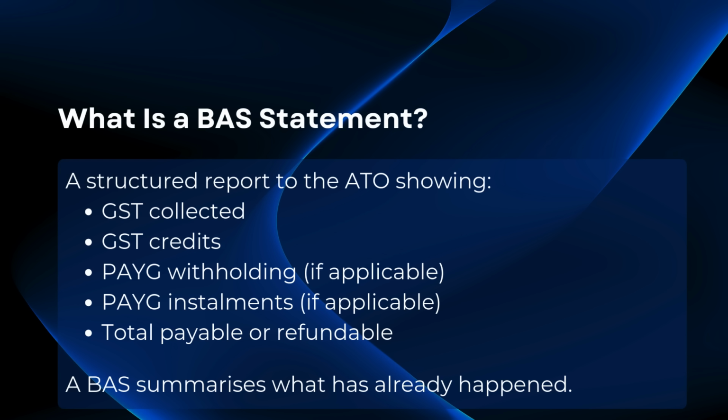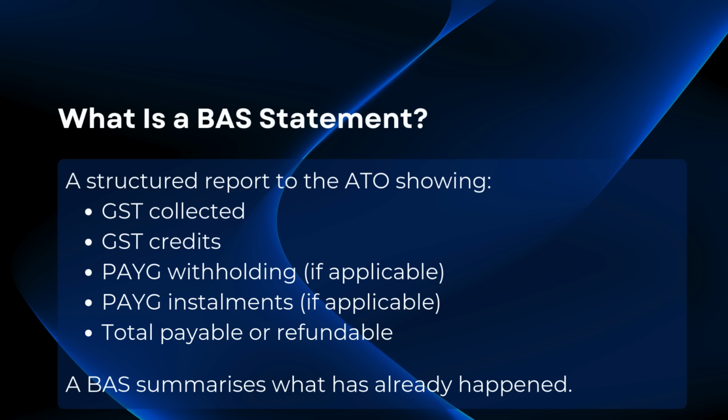The first thing to check is the reporting period at the top of the BAS. Common quarterly periods are 1 July to 30 September, 1 October to 31 December, 1 January to 31 March, 1 April to 30 June.